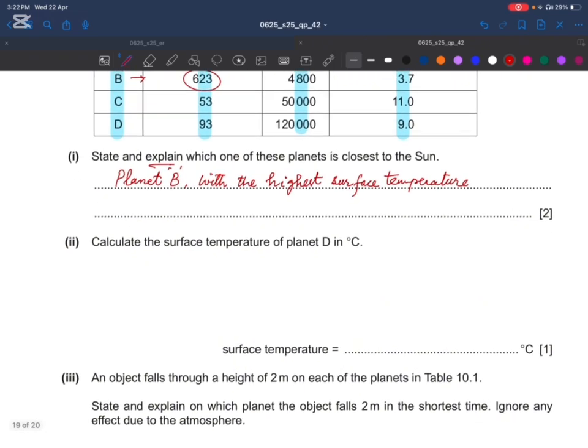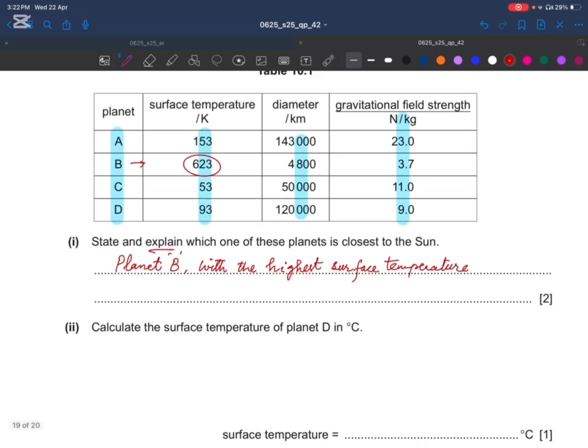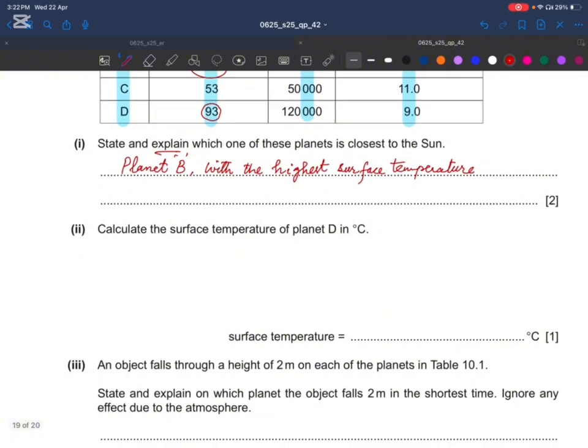Calculate the surface temperature of planet D in centigrade. They have given you all the temperatures in Kelvin. So what they're asking here is to calculate the surface temperature of planet D in centigrade. You know the simple formula: temperature in Kelvin is equal to 273 plus centigrade.